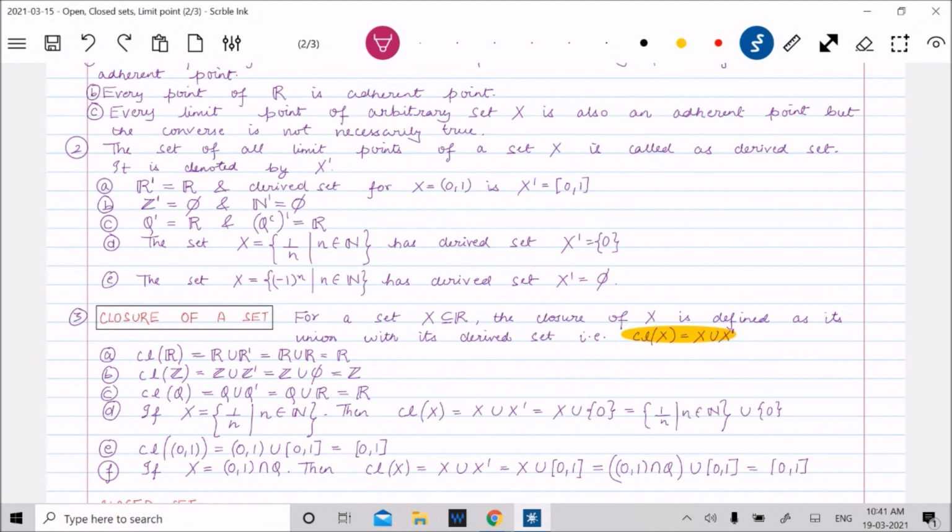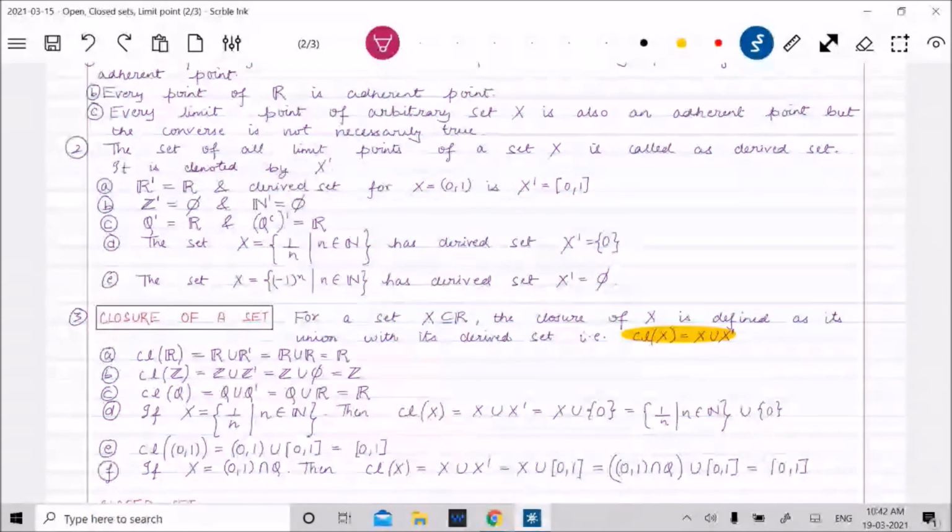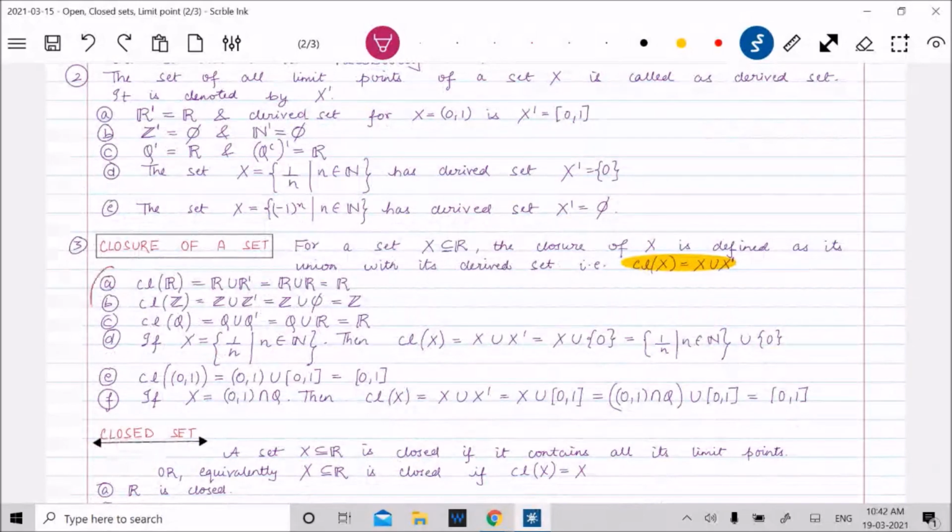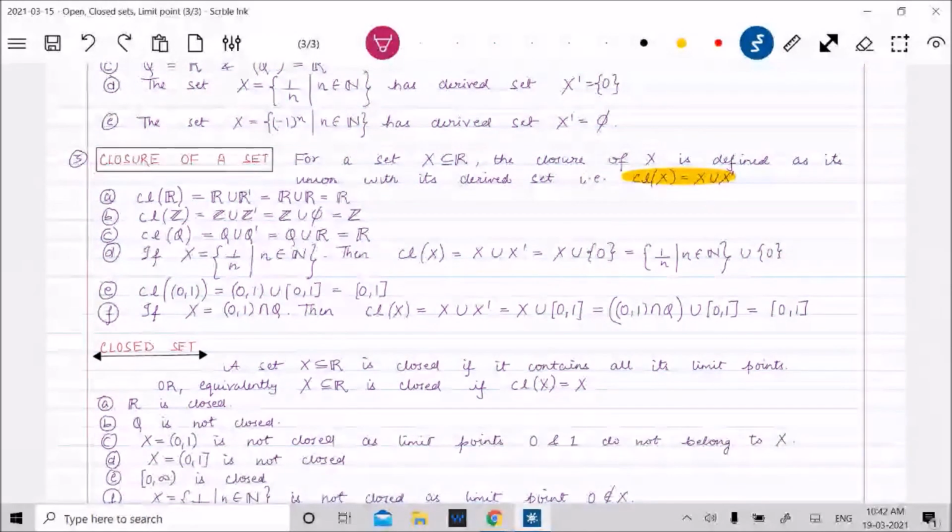Okay. Now, if you find the closure of the set of real numbers, you know that if you use this formula, R union R dash, where R is the set of real numbers and R dash is the derived set of R, and you saw earlier that R dash is equal to R, so R union R will be equal to R, right? And the same logic you can apply for these examples also. Now, the closed set.